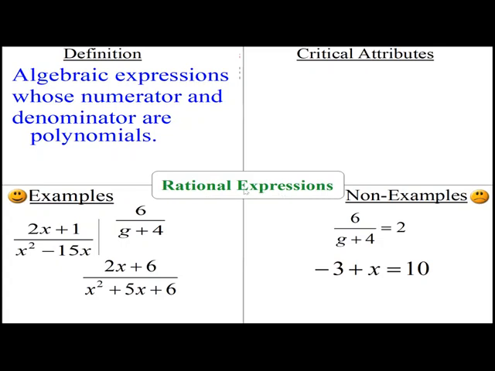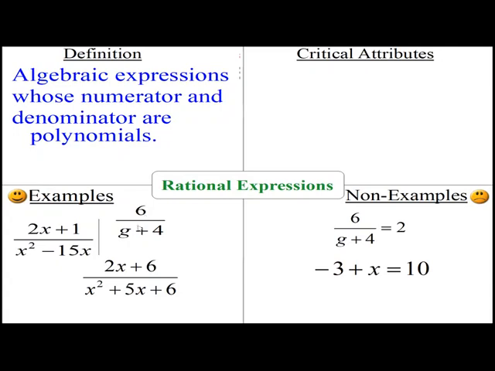But according to the definition, they are algebraic expressions whose numerator and denominator are polynomials. Let's see. Look at this first example. Is the 6 a polynomial? Yes. It's known as a one term, which is a monomial.